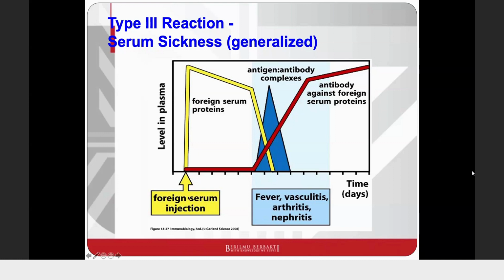So it's a foreign serum, right? The antibodies are in the serum of the horse, so you inject the serum of the horse that contains anti-venom into the individual. You can see here the yellow, and then you can see the red one.